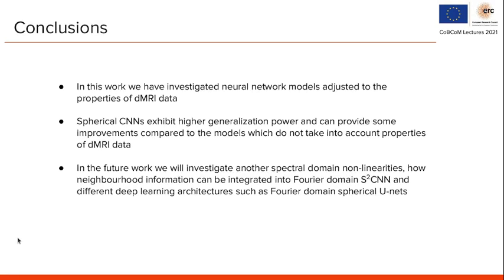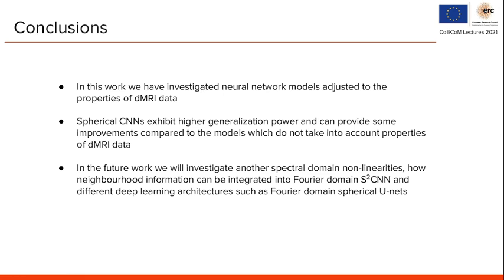In this work, we have investigated how neural network models can be adjusted to the properties of diffusion MRI data and how they can be applied to the problems of diffusion MRI local modeling. We have shown that spherical CNNs exhibit higher generalization power and can provide some improvements compared to the models which do not take into account nature of diffusion MRI signals.